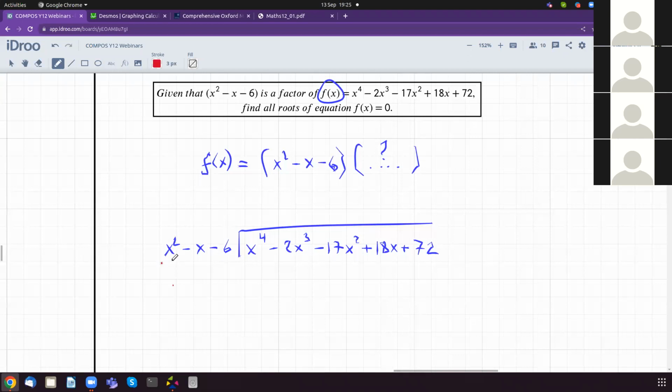So x squared goes into x to the power 4, x squared times. Now x squared times this is going to be x to the power 4 minus x to the power 3 minus 6x squared. You draw a line just like in regular division. You subtract: x to the power 4 minus x to the power 4 is 0. Minus 2x cubed minus x cubed is minus x cubed.